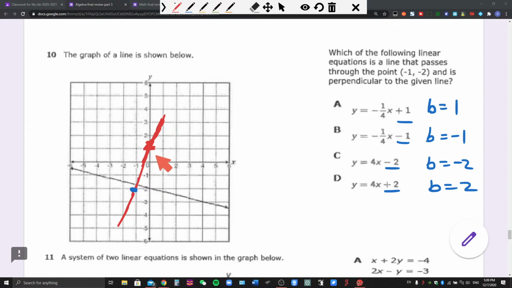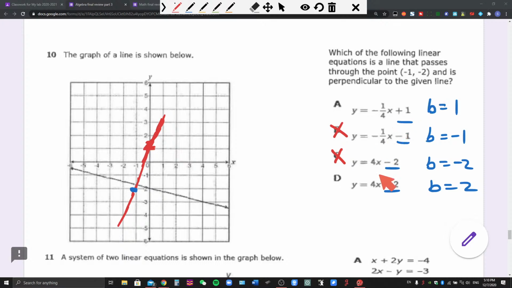Could it be negative? No, it could not be negative. So for those that give you a negative, those are likely wrong. So B is likely wrong, and C is likely wrong because we don't expect it to have a negative y-intercept. It should be above.